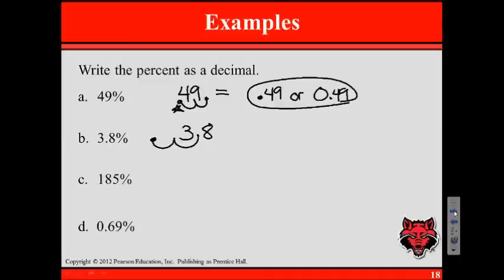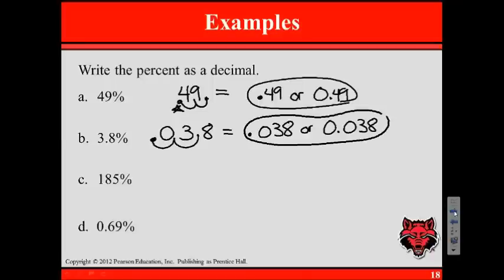Any gaps that we have between the decimal and our numbers, once we've moved the decimal place, we will fill in those gaps with zeros. So the answer becomes 0.038. You may also see it written as .038. We don't have to write the 0 in the ones place, but you will see in some places that is preferred.